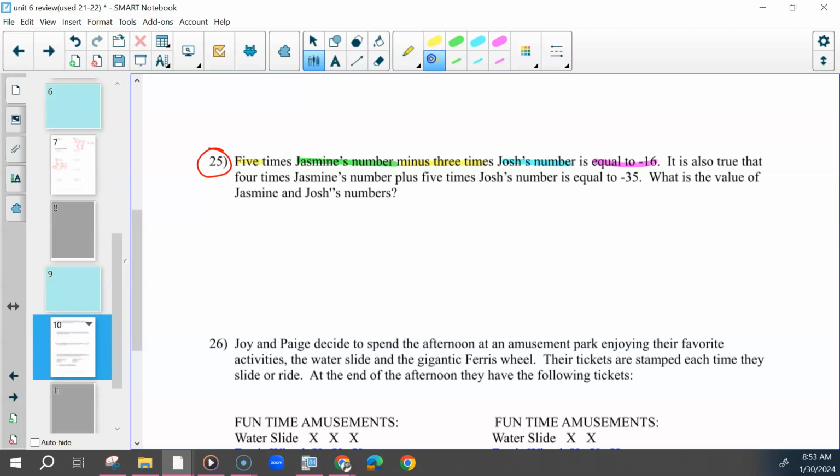It's also true that 4 times Jasmine's number plus 5 times Josh's number is equal to negative 35. What is the value of Jasmine and Josh's numbers?